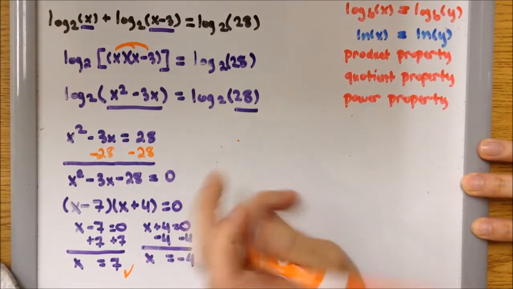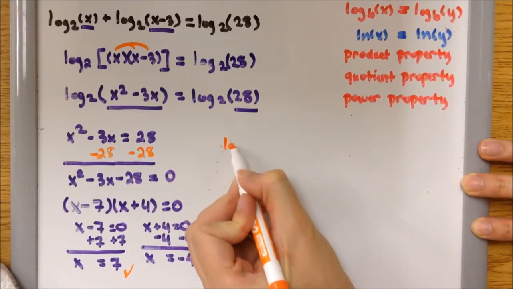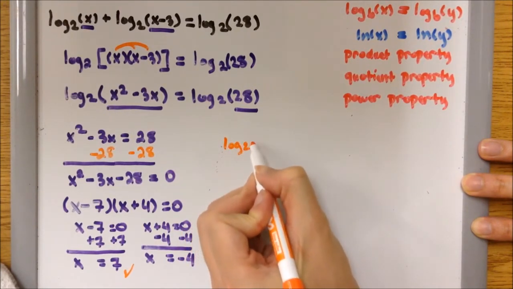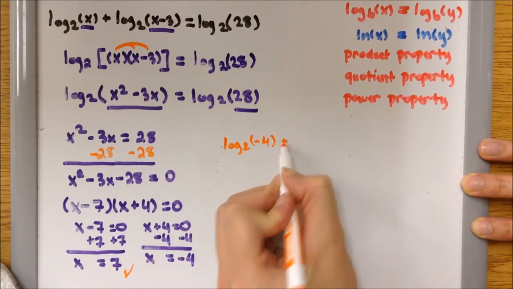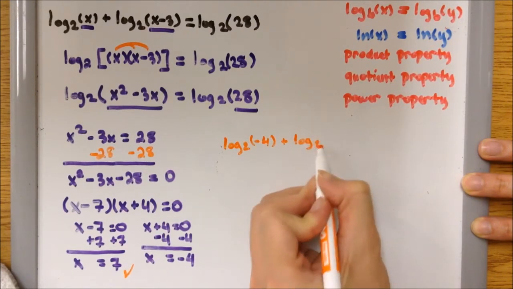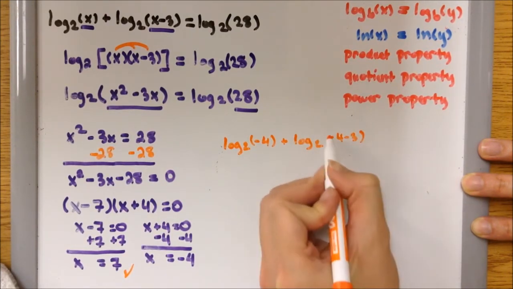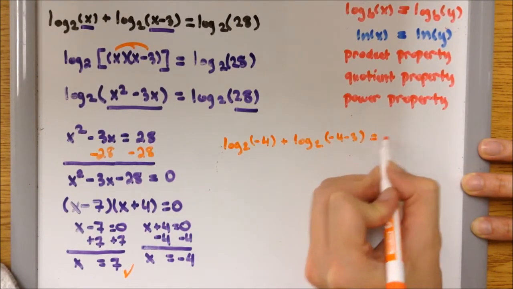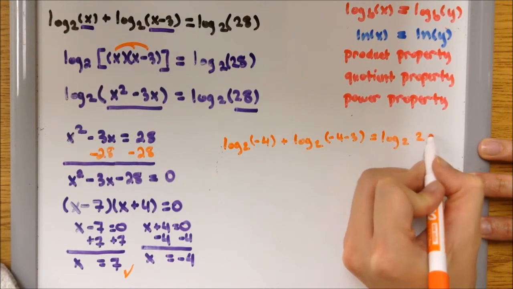So log base 2 of negative 4 plus log base 2 of negative 4 minus 3 equal log base 2 of 28.